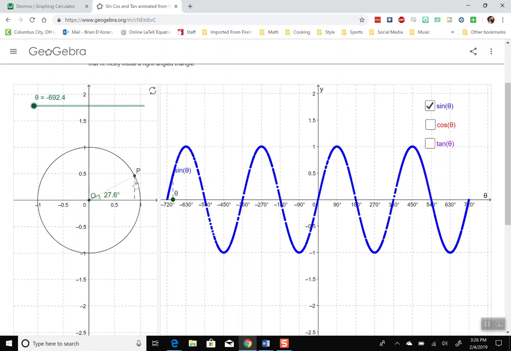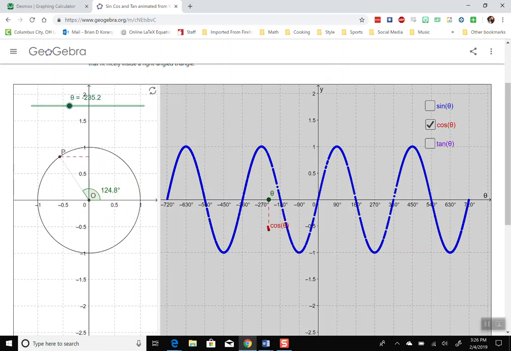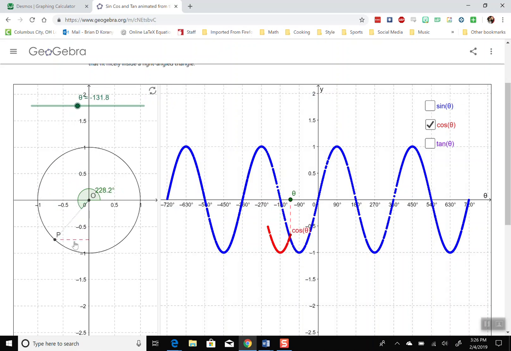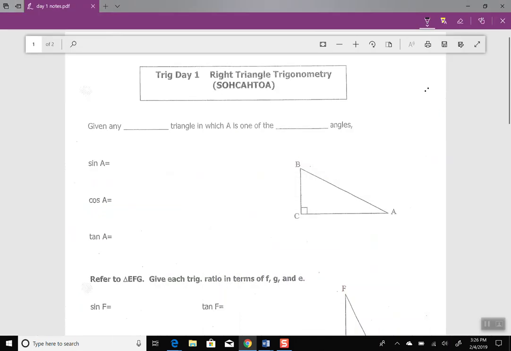You can see a right triangle being formed, this cyclical, what we call periodic motion. If I switch it to cosine, that is defined as that length, that x value, how much you've gone left or right. And tangent is a relationship between sine and cosine.